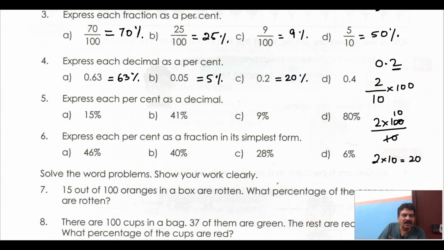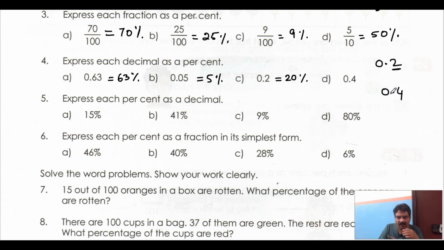In the same way, the next one is also very similar to the previous one. For example, you have here 0.4. Check the position of the decimal. It is before one digit, so it is supposed to be divided by 10. But 4 by 10, out of 100 you consider as percent, and here it is not out of 100, it is out of 10. That's why you multiply with 100.